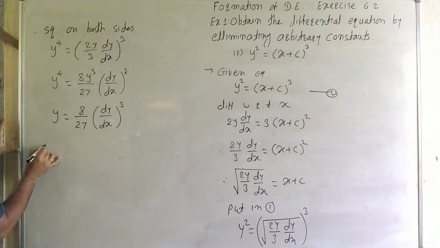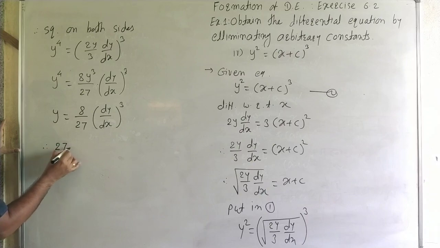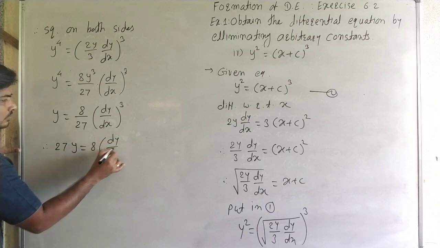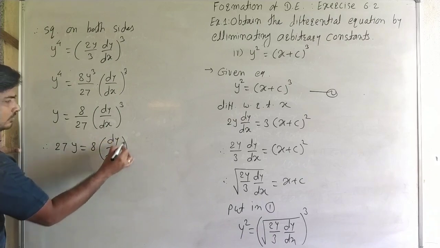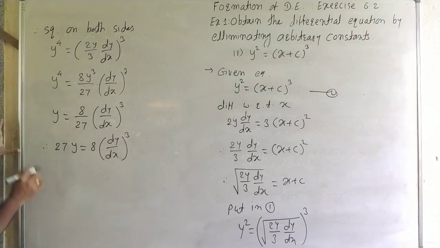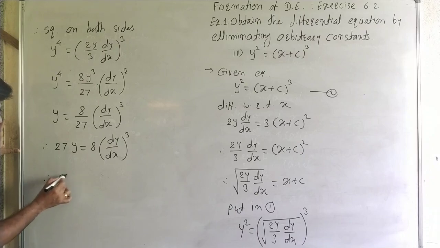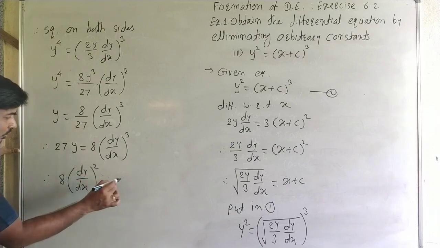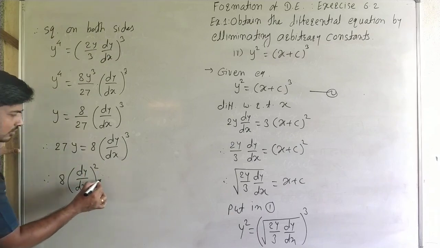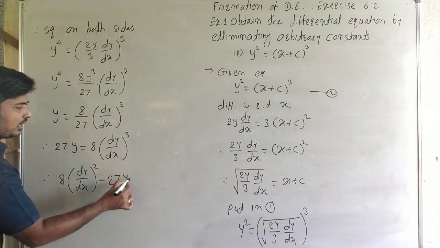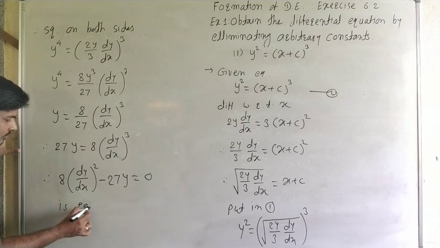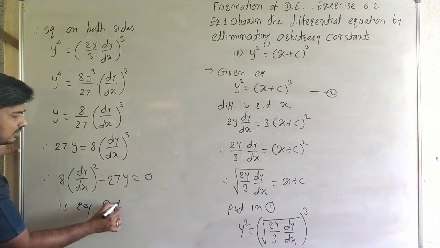Now here 27y is equal to 8 into (dy by dx) cube, and so the last answer: 8 into (dy by dx) whole cube minus 27y is equal to 0 is the required differential equation.